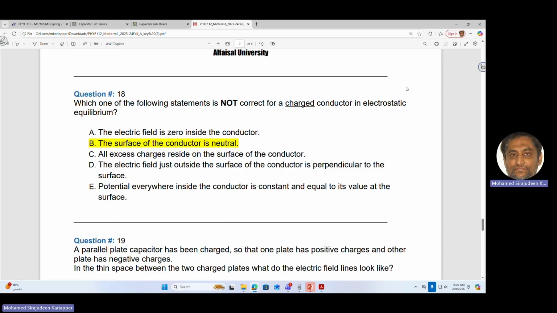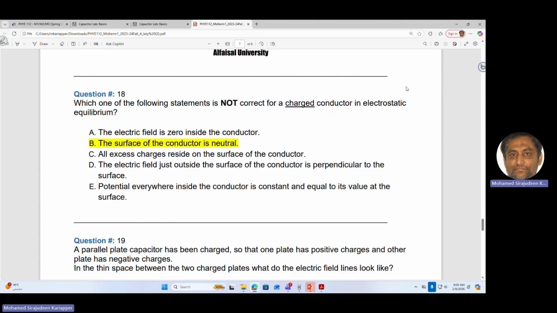Which of the following statements is not correct for a charged conductor in electrostatic equilibrium? Right. So you need to remember the properties of a charged conductor. In chapter 15, we talk about electric field inside is 0. Any excess charge will come to the surface, and the electric field on the surface will be perpendicular.